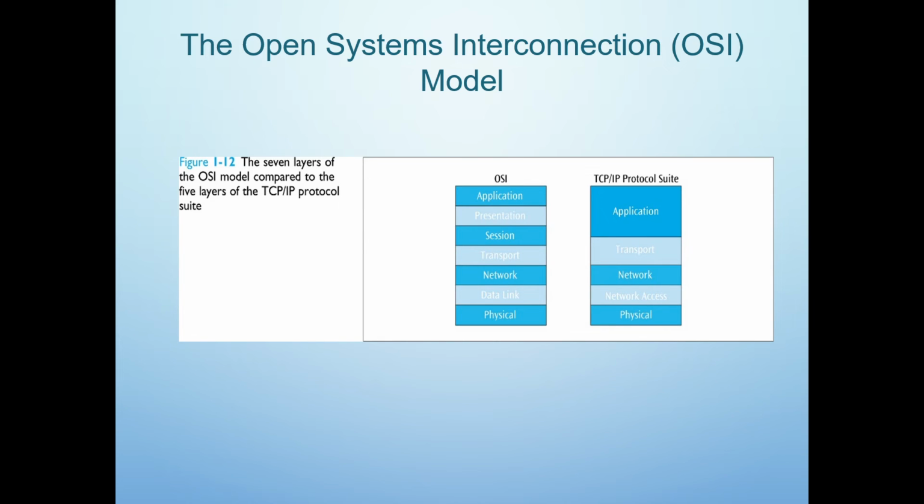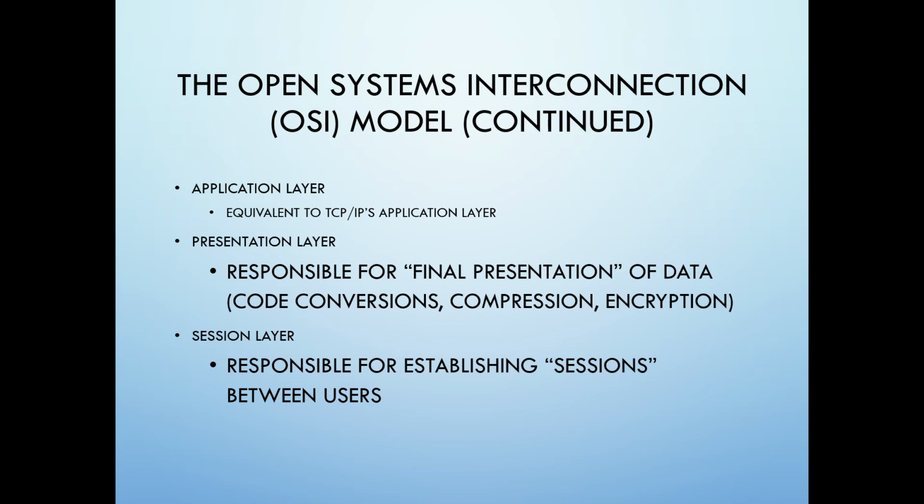The OSI protocol suite, on the other hand, has 7 layers: physical, data link or network access, network, transport, session, presentation, and application. Application layer is equivalent to TCP/IP's application layer.